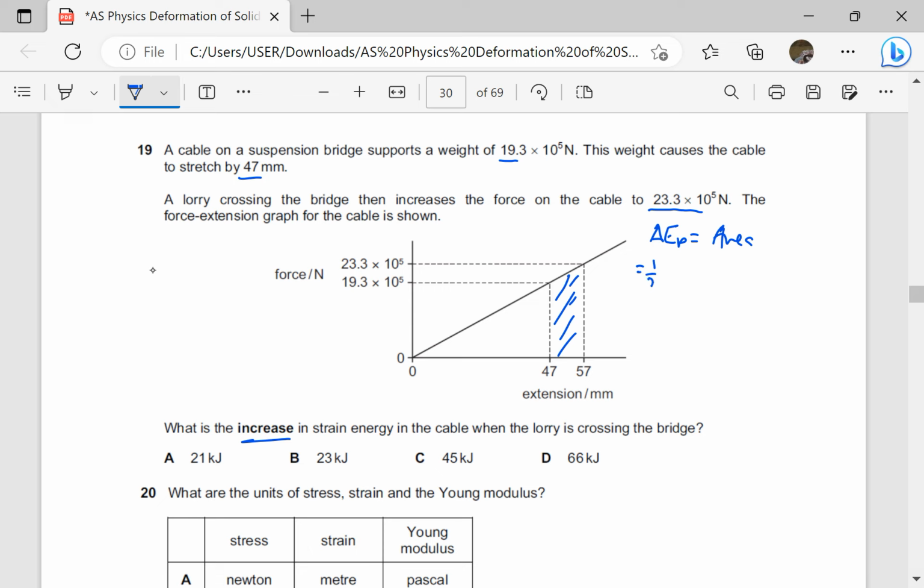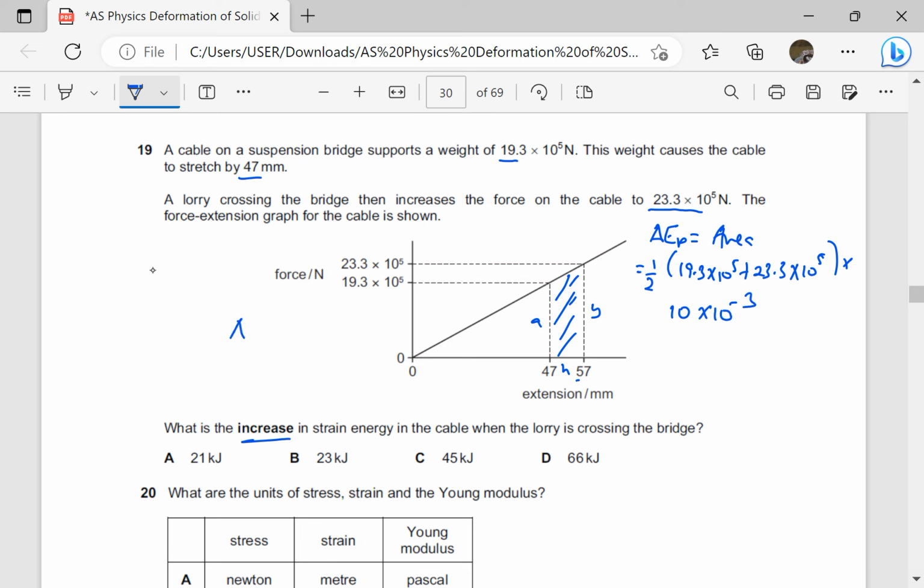So this is going to be a half, where this could be A, that could be B, and this could be the height. So this would be 19.3 times 10 power 5 plus 23.3 times 10 power 5, then times the difference, 57 minus 47, which is 10. So I'll say times 10 times 10 power negative 3.